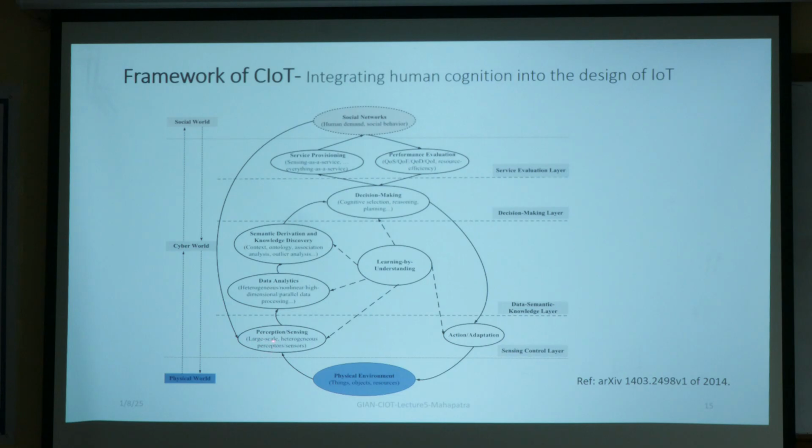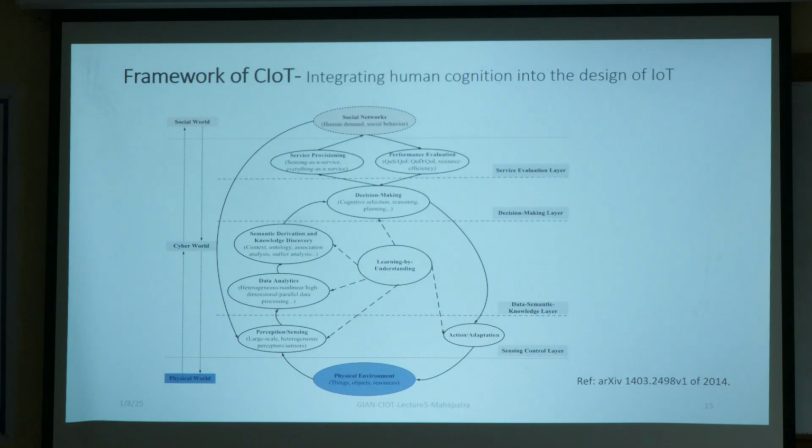At the same time, the feedback coming from the top comes here, which we call action adaptation. So the action gets input here to actuate, with sensor output here, and physical objects as actuators get the instruction this way. That's essentially where sensing and actuating happen.